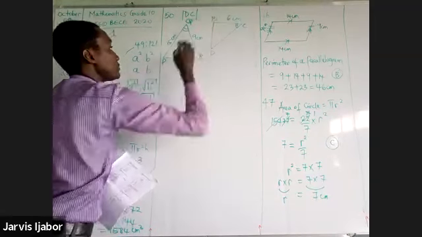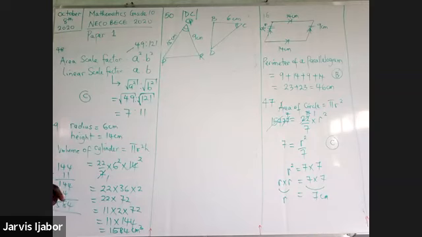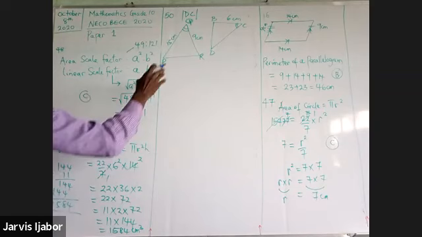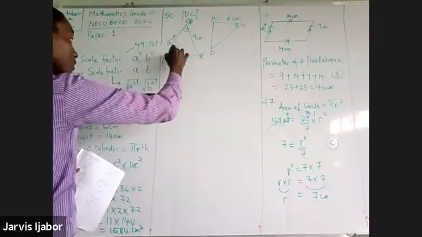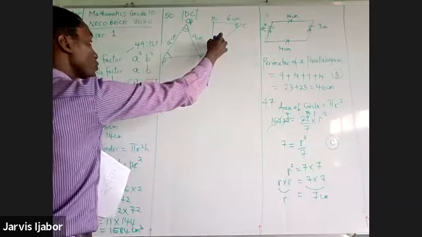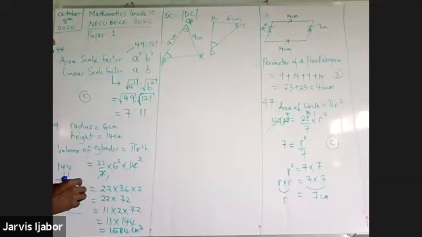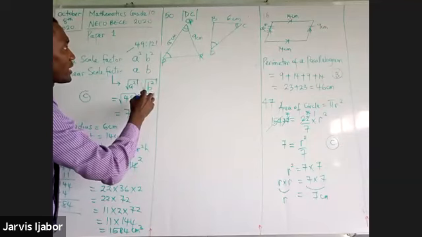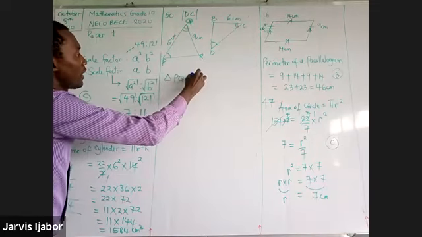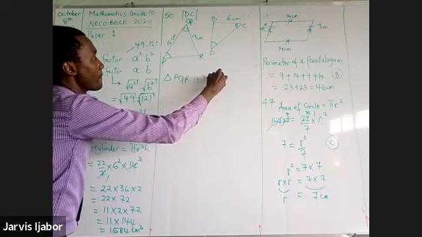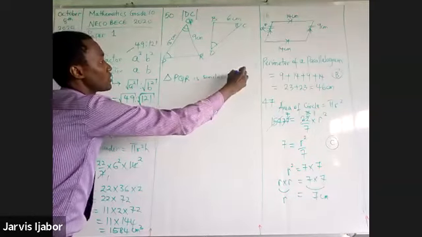6 here. All right. Now, in looking at this figure, this is similar to this. But you really need to look at the position of the angles. Now look at this one. It's also equal to this one. So if you look at this figure very well, you will see that triangle PQR is similar to triangle.